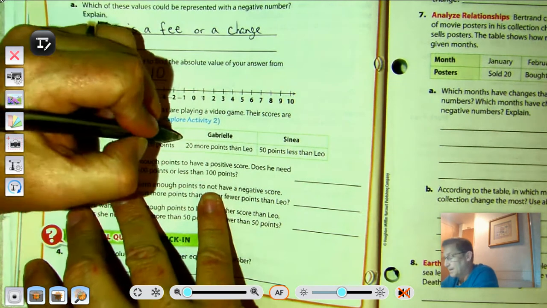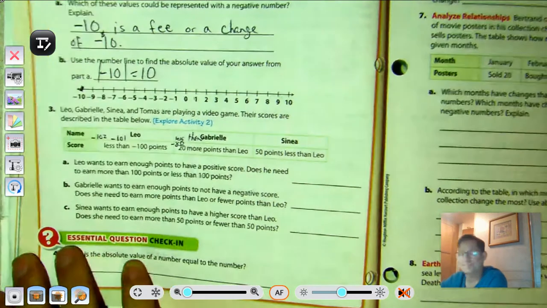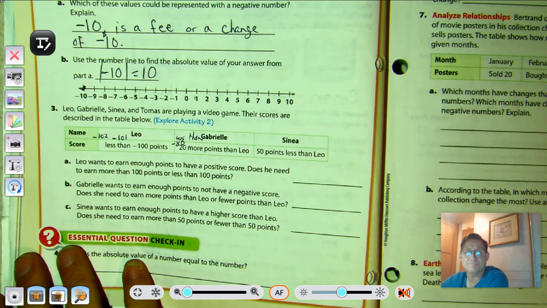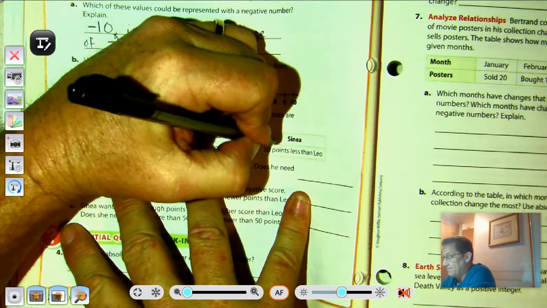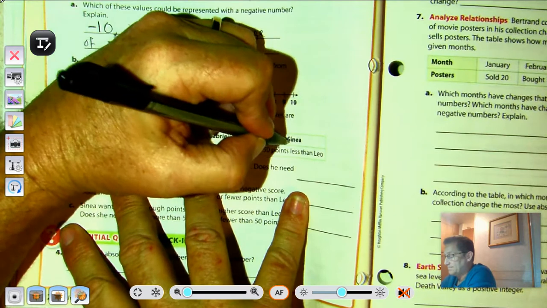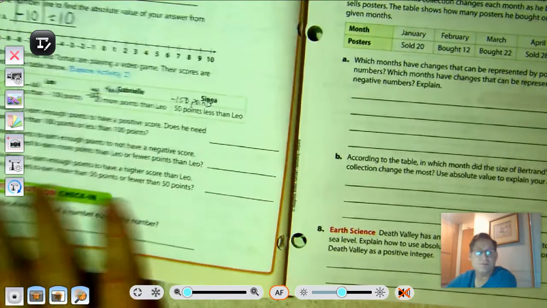So she's like less than negative 80. And Sanea is 50 points less than Leo. So that would be like minus 150 points. Okay, so let's look at these clues.